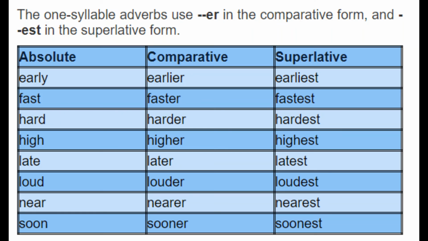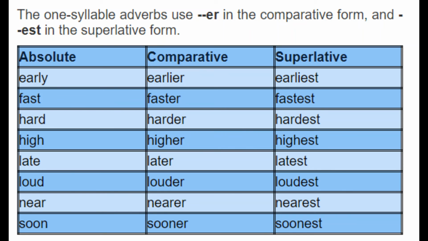These were just examples. Now we'll see it in your grammar book. If you take out your grammar book, you can see the comparative form and superlative form like this. I'll read out the words for you. If there is an adverb, what are we adding? We are adding er and we are adding est. So for the comparative, we are adding er, then for the superlative, we are adding est.